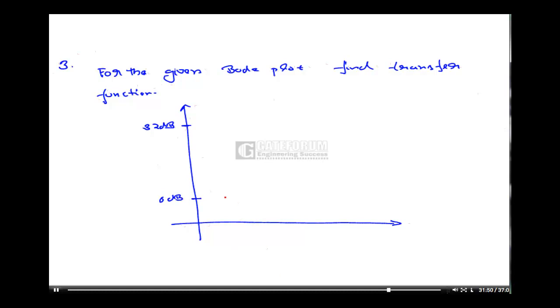Six dB. This is at 0.1, set omega 1. Minus 20 dB per decade. Omega 2 constant, and again at 10.